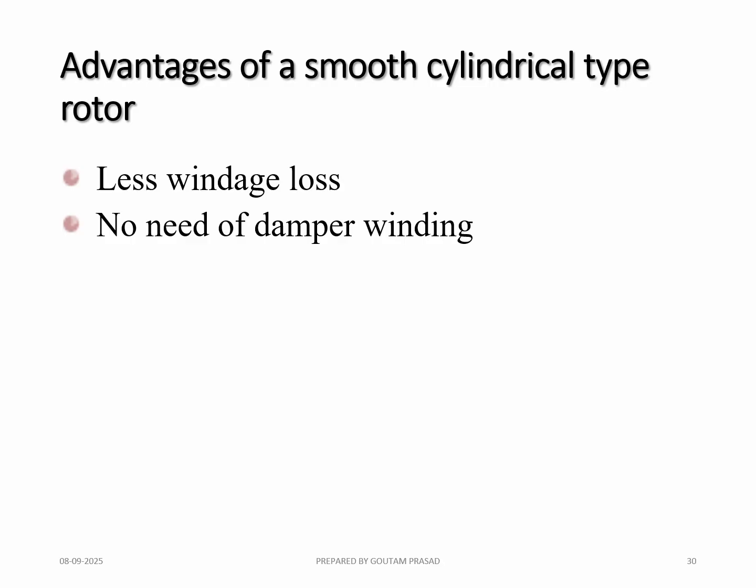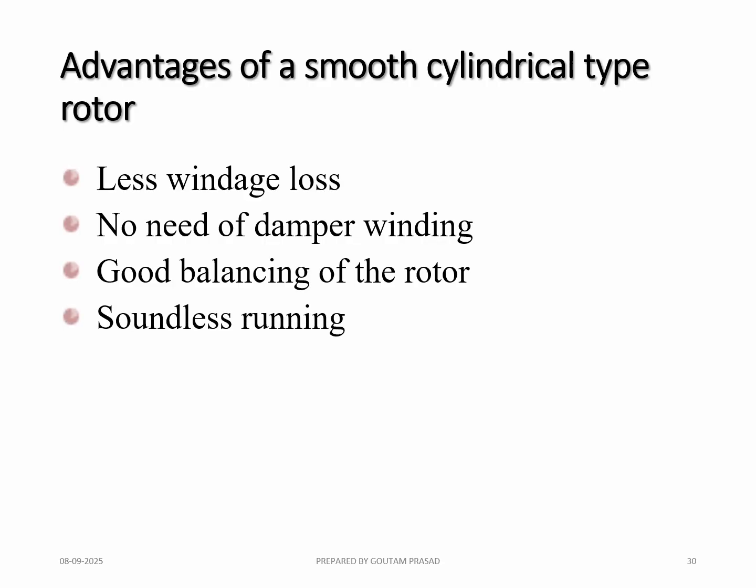It offers less resistance to the wind around the rotor, so it has less windage loss, and there is no need of damper winding as is required in the case of salient pole rotors, and good balancing of the rotor, as it has a larger axial length and is put on the bearings, so balance is better as compared to salient pole type rotors.